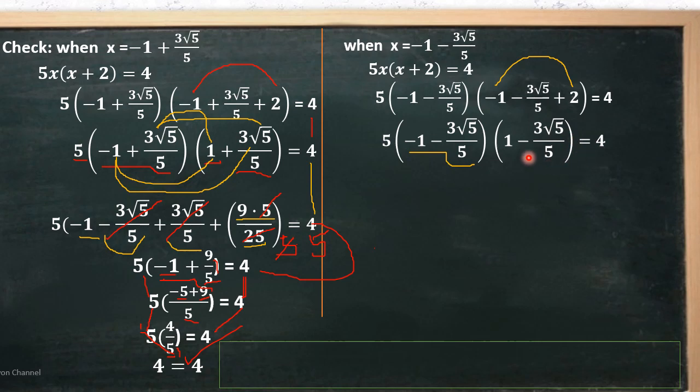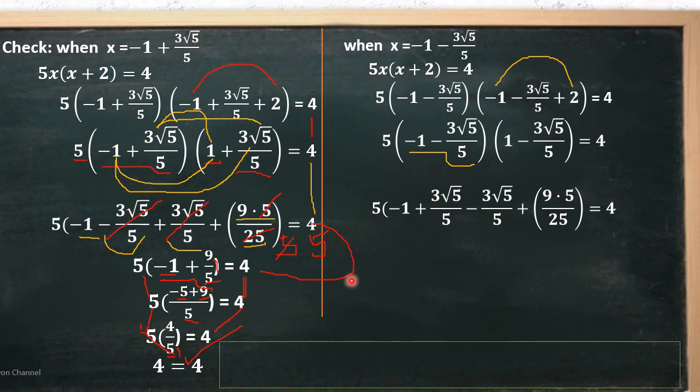Now let's multiply. Negative 1 multiplied by 1, the answer is negative 1. Negative 1 multiplied by negative 3 square root of 5 over 5, and the answer is positive 3 square root of 5 over 5.